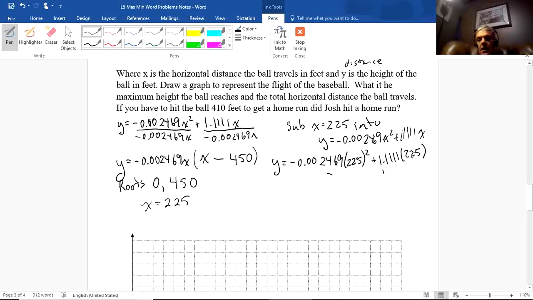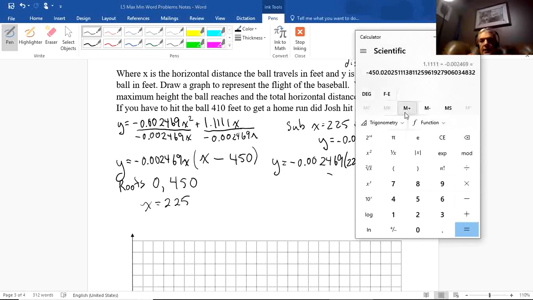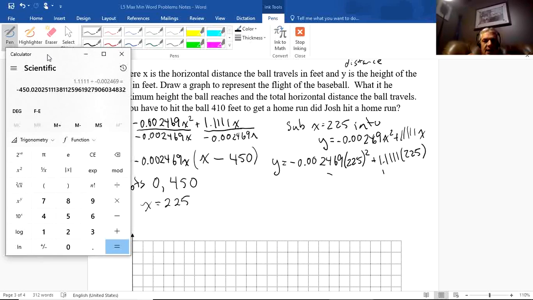Okay, so now this is going to be a little tougher, so you're going to have to get your calculator out and do some mathematics. I'm going to do this in two parts. I'm going to bring this math calculator back over to this side. I'm going to clear this, and I'm going to go 0.00249, right? I'm going to make that a minus number.